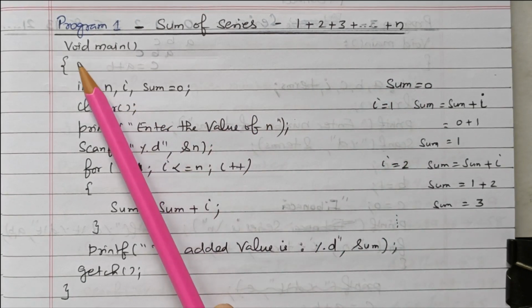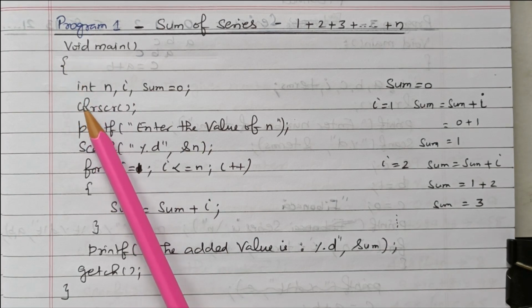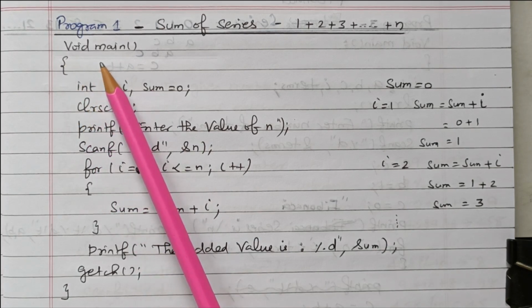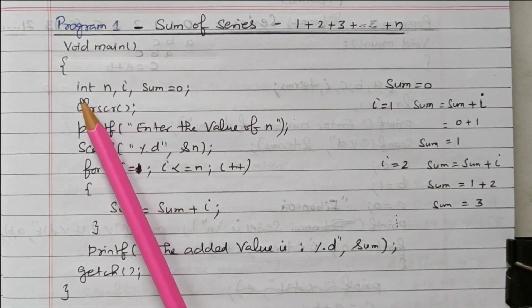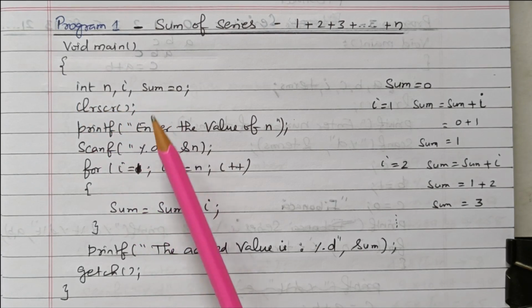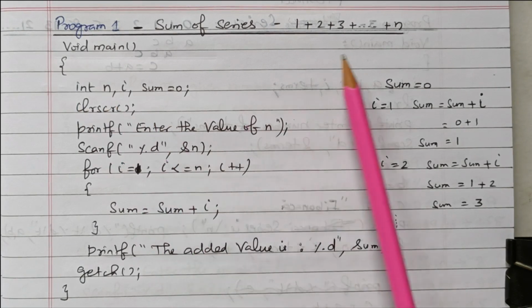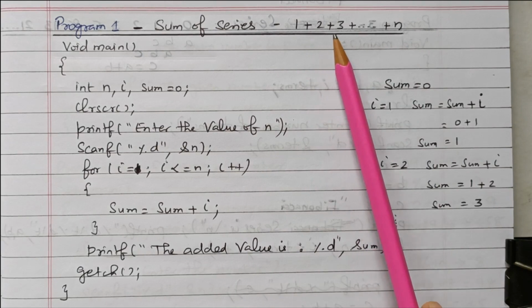Now we'll open the main program, void main, open the braces. The header files we can include, by default, are stdio.h and conio.h. Then we'll declare the variables: integer n, i, sum. The n is nothing but the maximum value in the series. Starting from 1 it will go up to n.